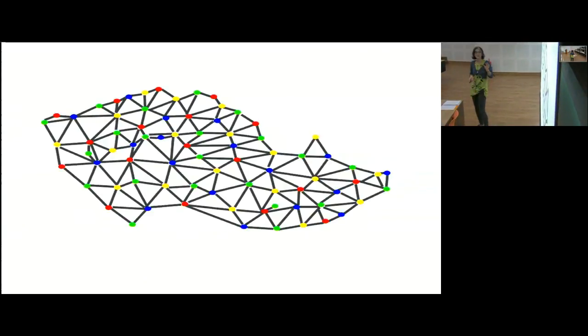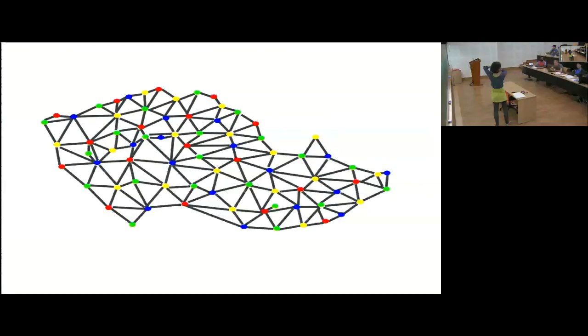Okay? So coloring of maps is particular, because when you transform it to a graph, it leads to something called a planar graph. That means that you can draw this graph in a plane such that there exists at least one drawing of that graph in which no 2 edges are crossing.